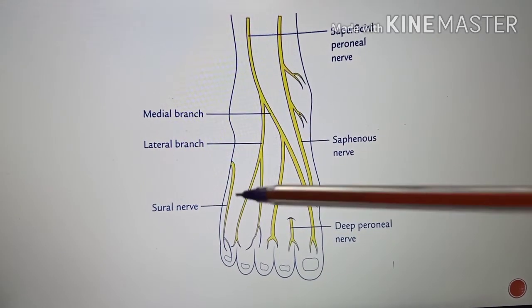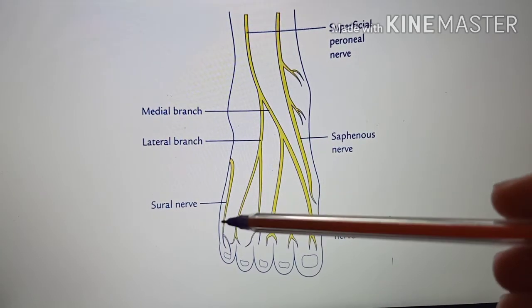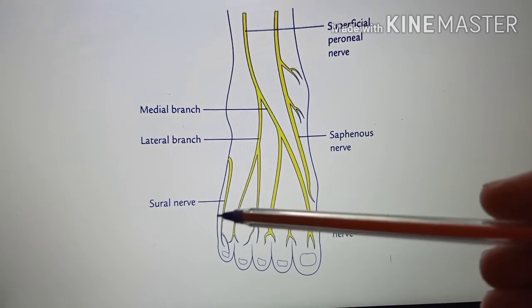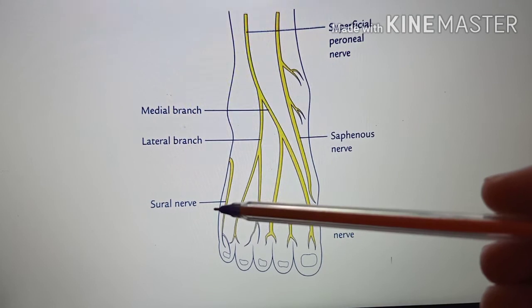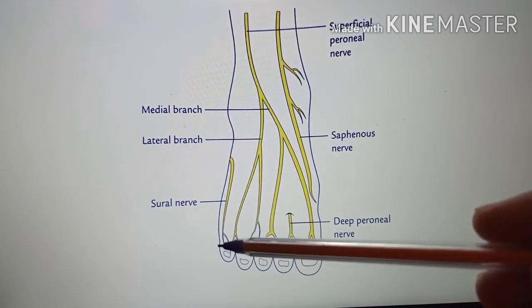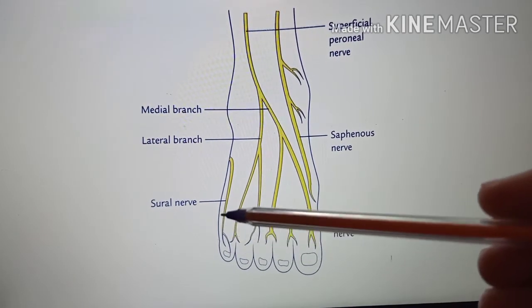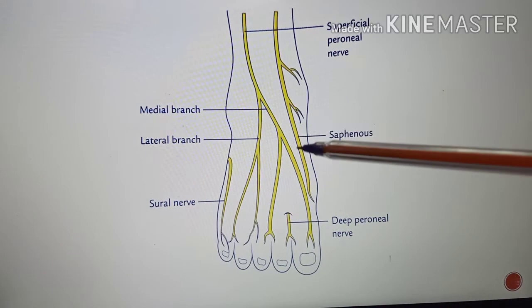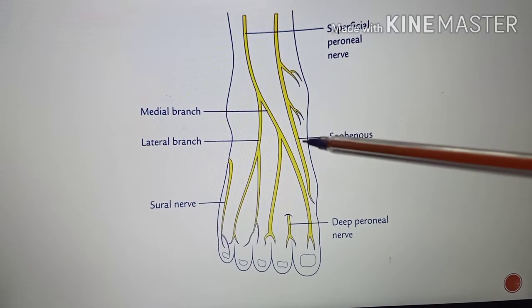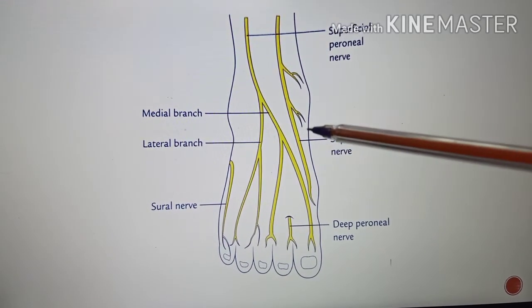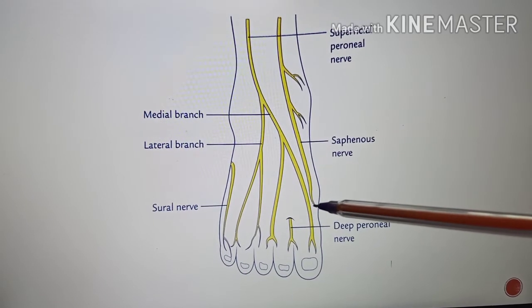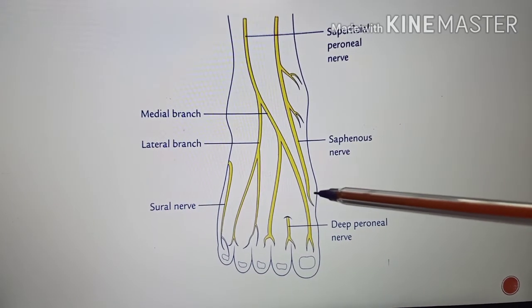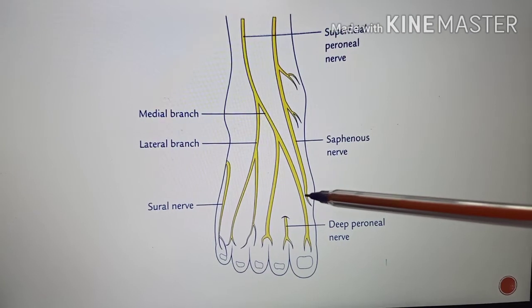The sural nerve supplies the lateral margin of the dorsum of the foot including the little toe, that is the lateral margin of the little toe. Whereas the saphenous nerve supplies the medial margin of the dorsum up to the head of the first metatarsal bone.